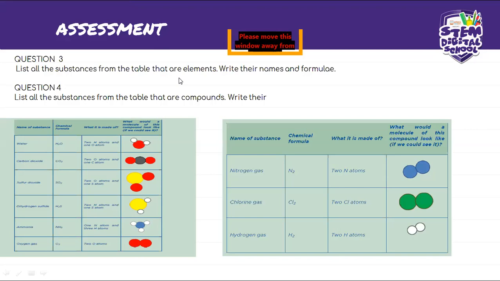Question 3 says list all the substances from the table that are elements. Write their names and formulae also. And question 4, list all the substances from the table that are compounds. You write their names also.